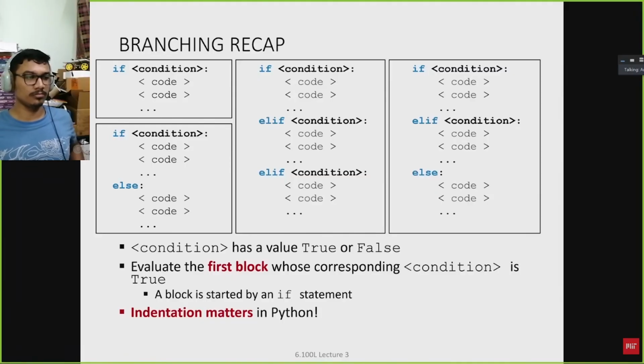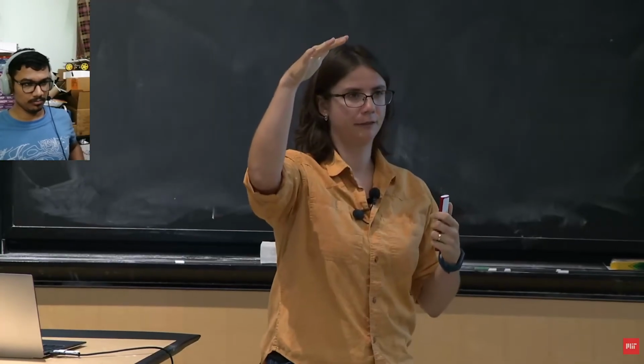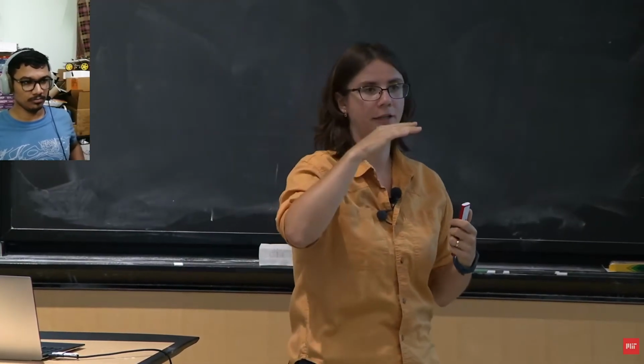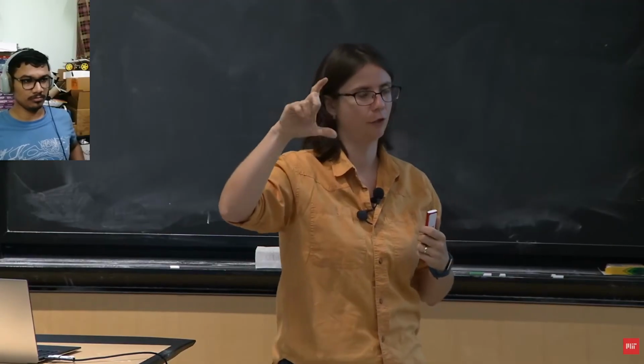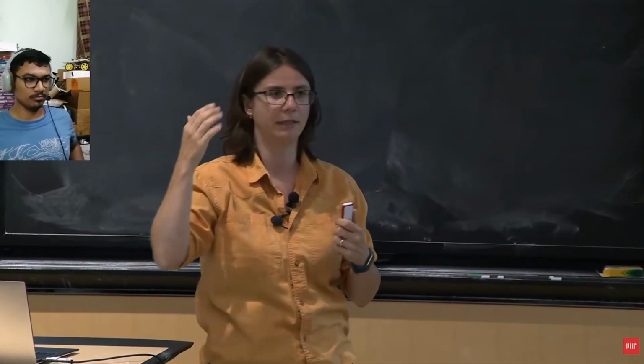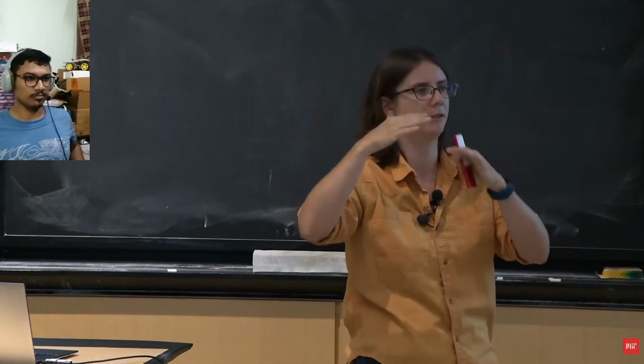One sort of tricky thing to remember is the if starts a code block. So the if can have an else associated with it, or it can have an elif, elif, elif, and an else associated with it. But if you have an if condition followed by another if condition, both of those code blocks could potentially be executed because the ifs are independent, right? It's not an else situation.